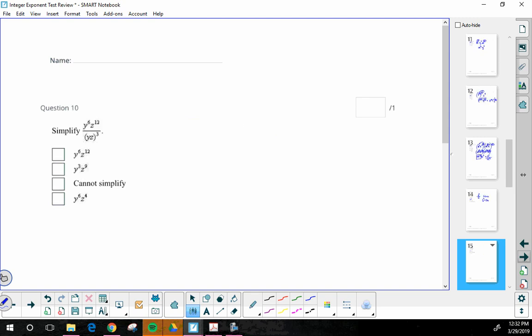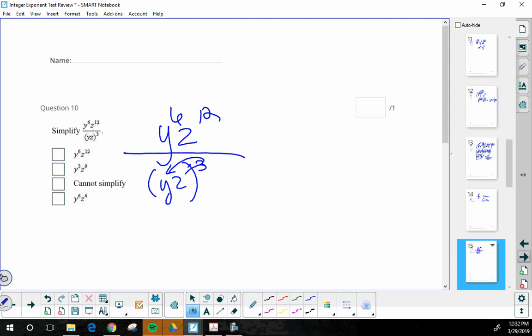Question 10, y to the 6th, z to the 12th, over yz all to the third power. So when we have all this to the third power, we need to distribute this exponent. So now we're at y to the 6th, z to the 12th. I've done nothing at the top, just recopy.